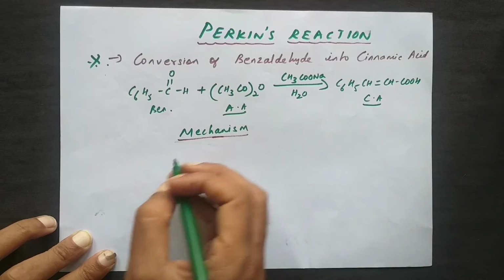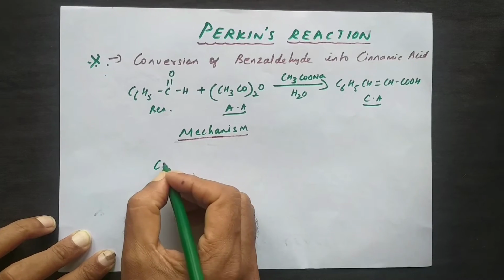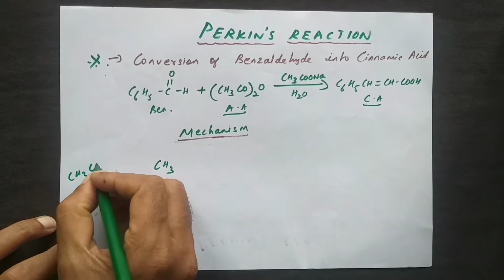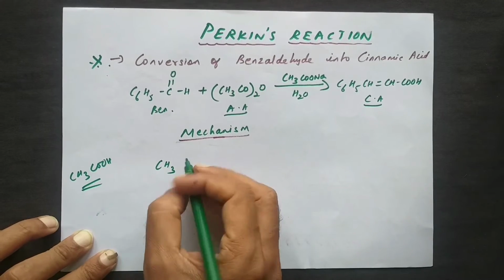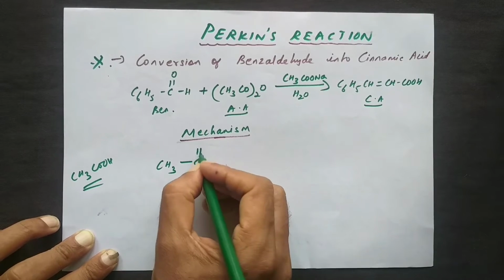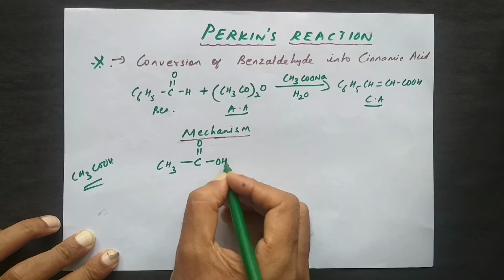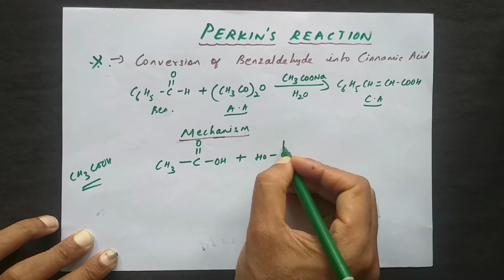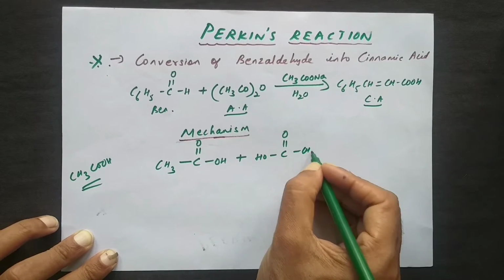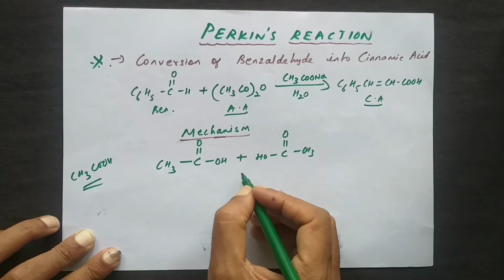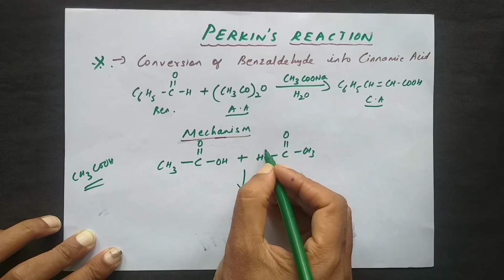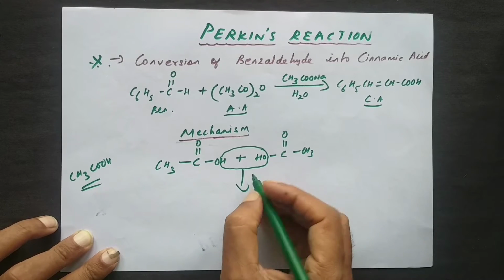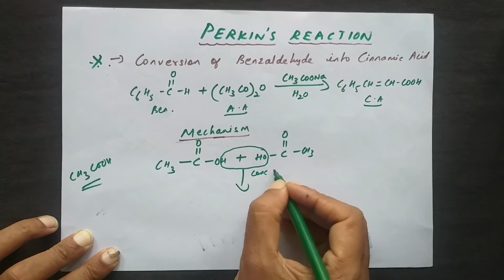Let me take acetic acid. We know that acetic acid is CH3COOH. So the structure will be CH3, C double bond O, OH, plus a second one, OH, C double bond O and CH3. When I take two molecules of this acetic acid, there will be removal of a water molecule when I use concentrated H2SO4.